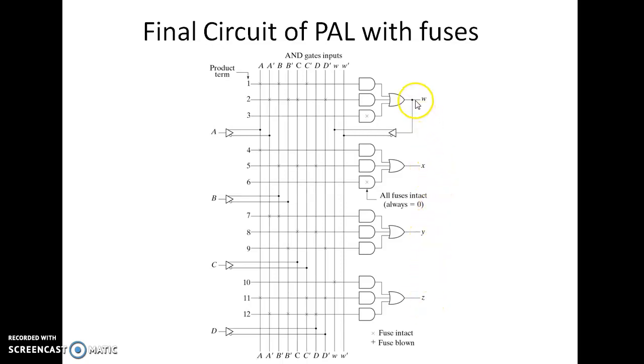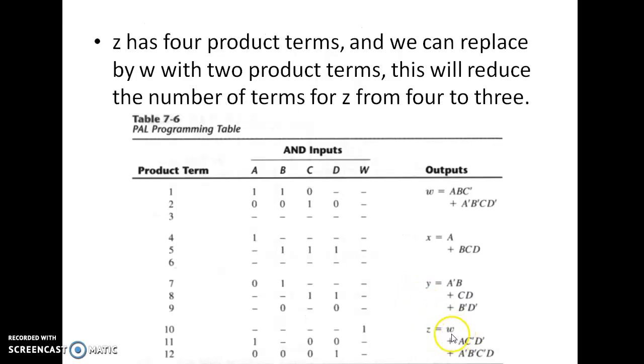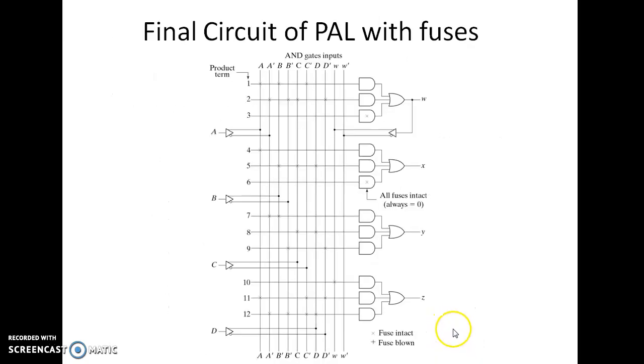So as I said, the important attribute of PAL is you can share this output to get the sum of the other outputs. So here Z requires W according to the table, right? Z requires a W. So how to get this W? That's why we are taking back W as an input, and this W is connected, right?